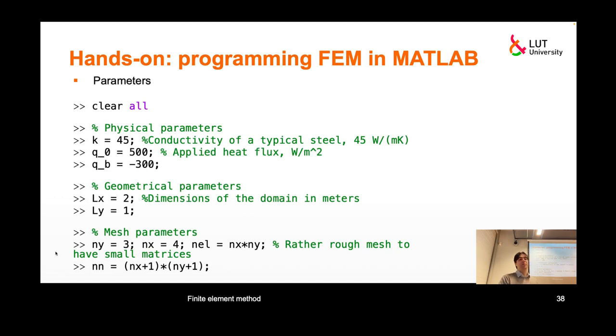Then you will be able to increase that. So number of elements along the vertical axis, number of elements along the horizontal axis, and total number of elements, which is a product of those two. Okay, and this is the number of nodes in this type of mesh.